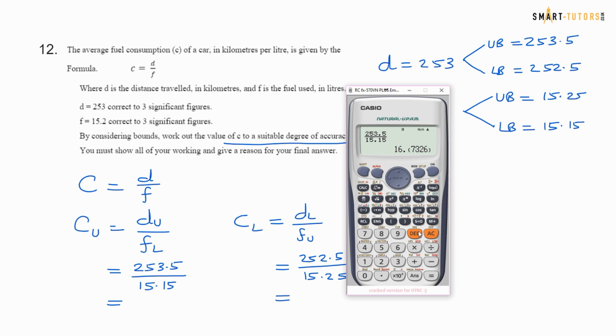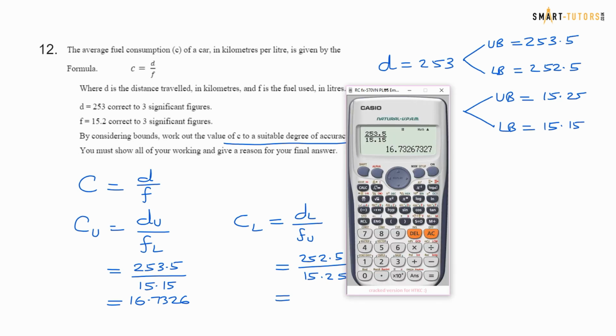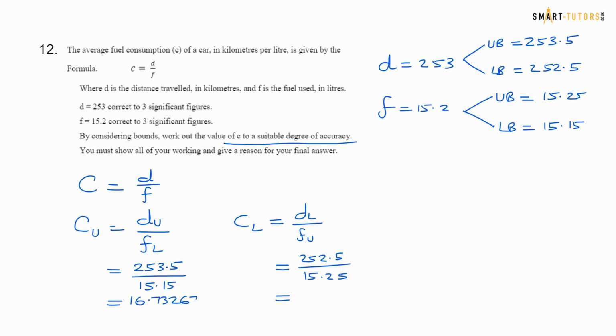16.7326. Let's take a couple of decimals more, 7327.